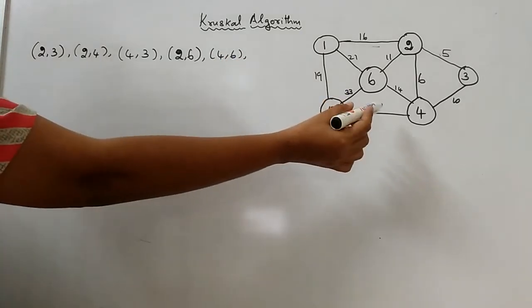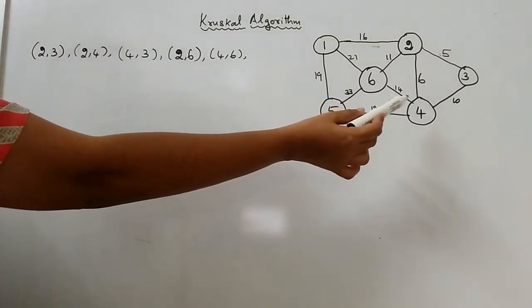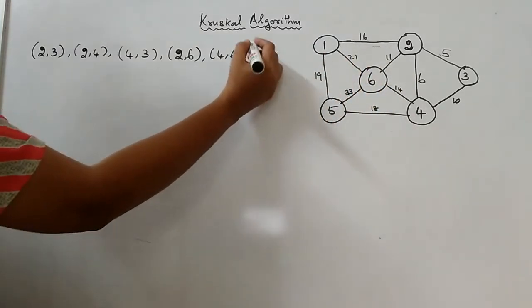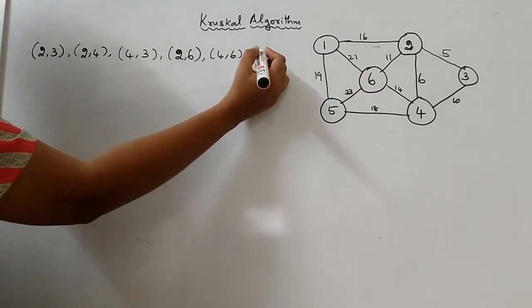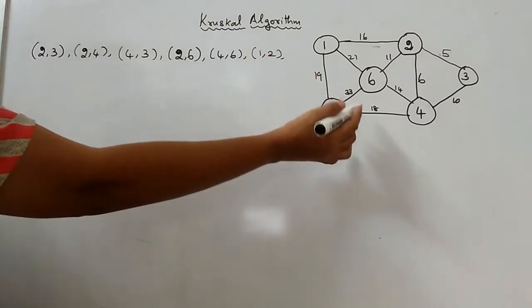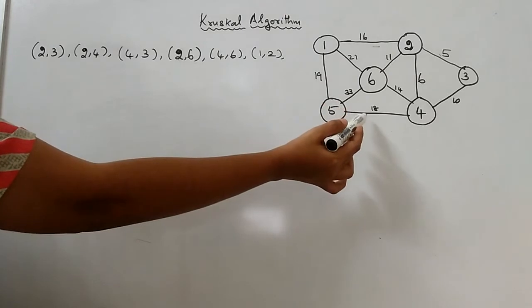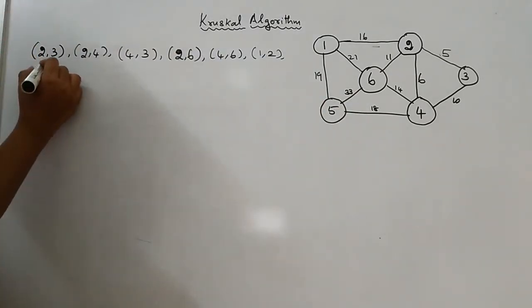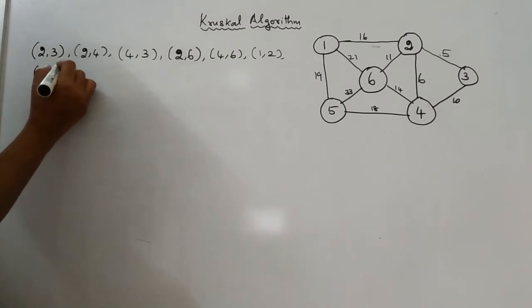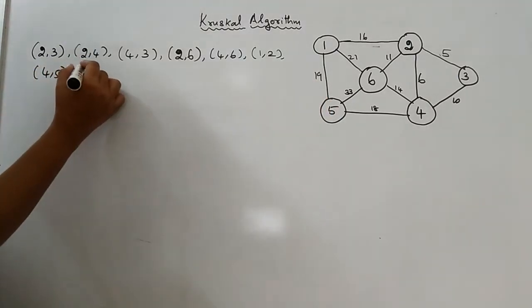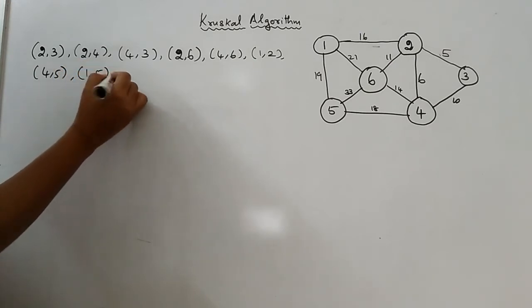Next to 14 I have 16, so I have to write 1 comma 2. Next to 16 I have 18, so I am writing 4 comma 5. Next to 18 I have 19, so I am writing 1 comma 5.